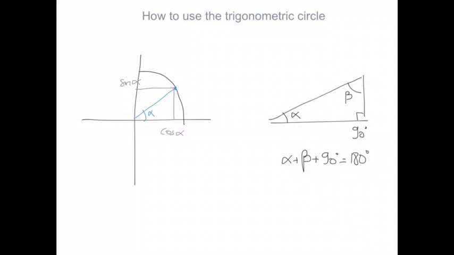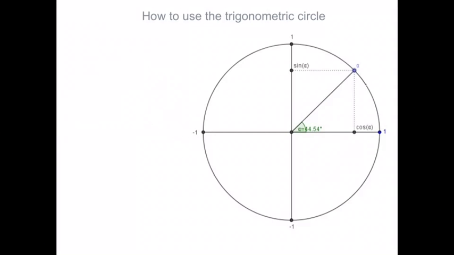In this video, we are going to see what happens if we try to extend sine and cosine to angles that go beyond 90 degrees. So let's have a look at what would happen if the angle is greater than 90 degrees, let's say 120 degrees, for example.